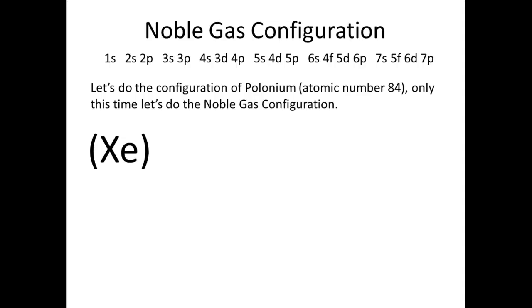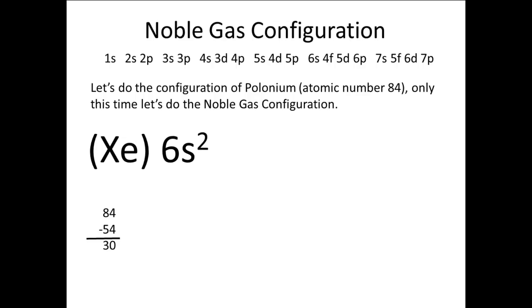Next, we need to know how many more electrons we need to enter into the configuration. Polonium has 84 electrons. Xenon has 54. That leaves us with 30 more electrons to put into the configuration.